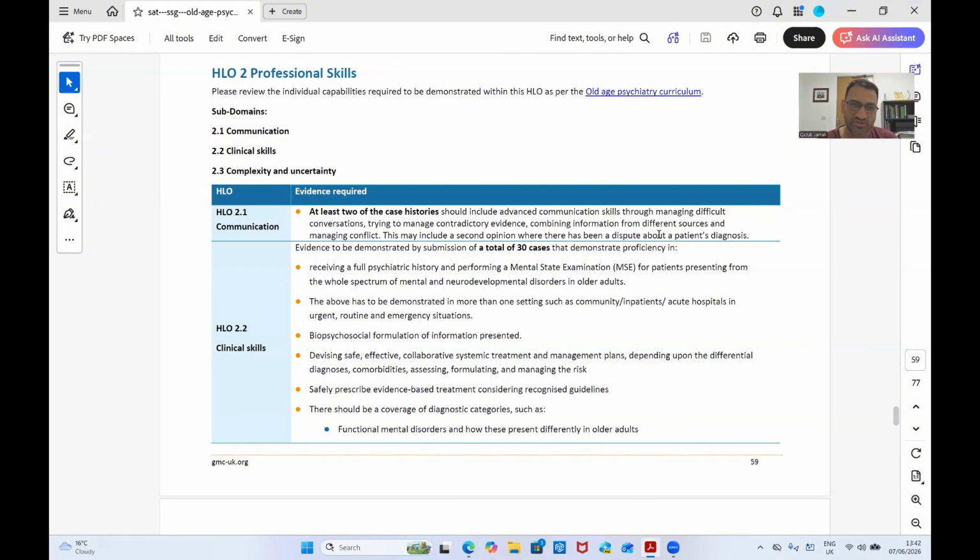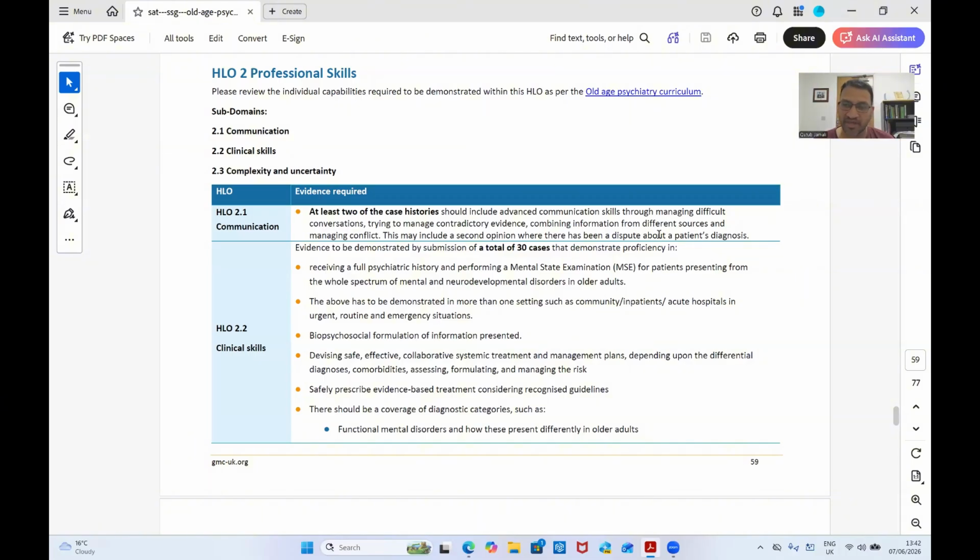family are unhappy with the diagnosis of dementia, for example. You see that a lot of times in your practice, especially when you're doing memory assessment clinics, where family are of the view that maybe it's not dementia, it's something else.